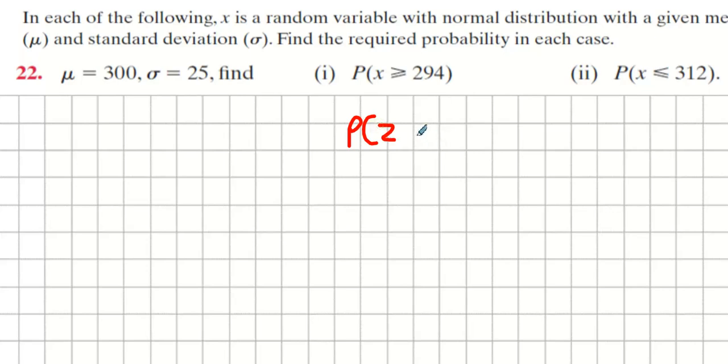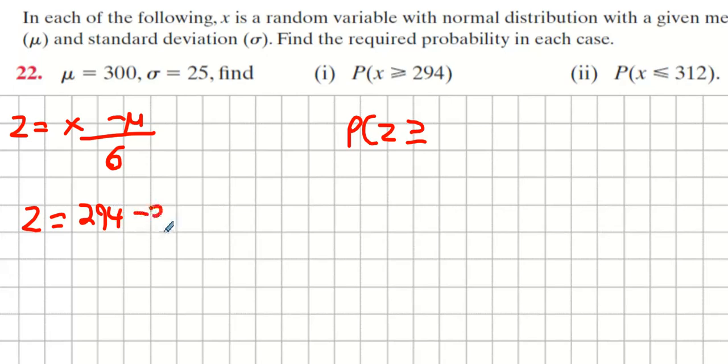So now this time it's giving me the probability of x is bigger than 294. This time I want the probability of z is bigger than something. So here's what we're going to do. We're going to get a z-score: x minus mu all over sigma. Z is 294 take away 300, divided by 25.